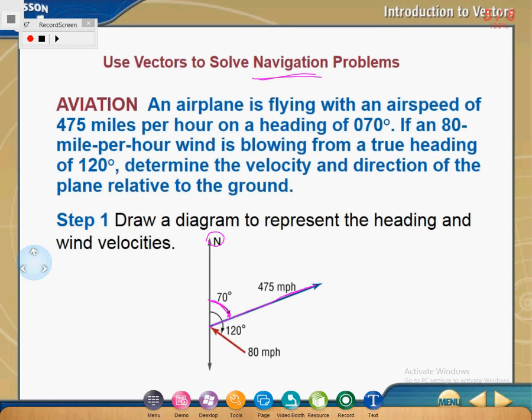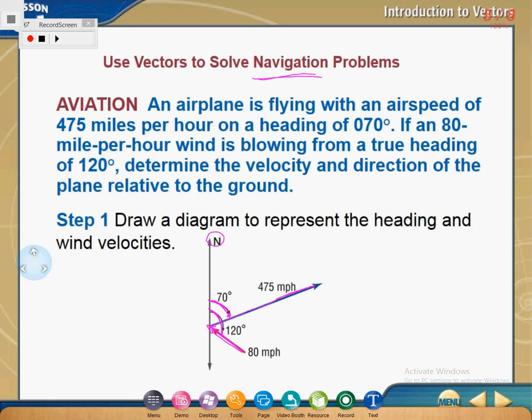We don't have a scale here because this is a real-world problem and we are doing approximate graphing. And if an 80 mile per hour wind is blowing from the true heading of 120, true heading again starting from north, so this is the angle, and the wind is blowing here. This is the wind. The magnitude is 80, and the angle is 120, coming from north.